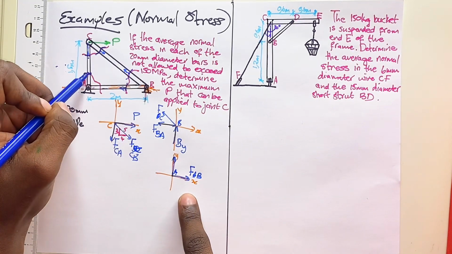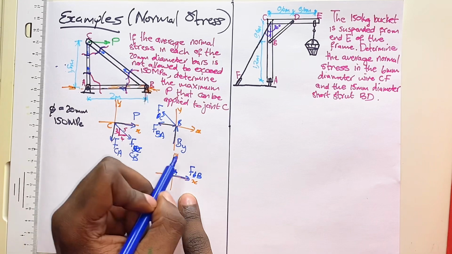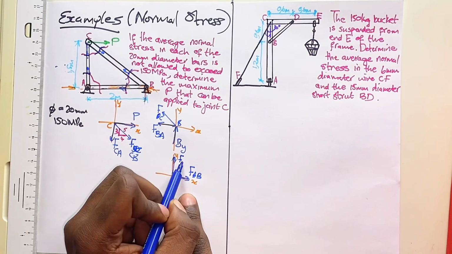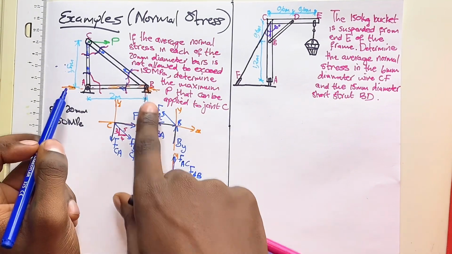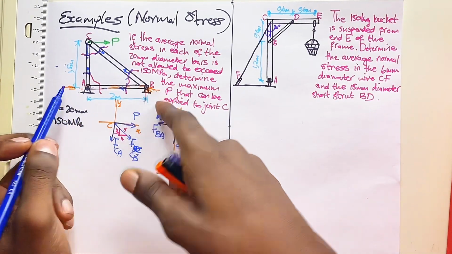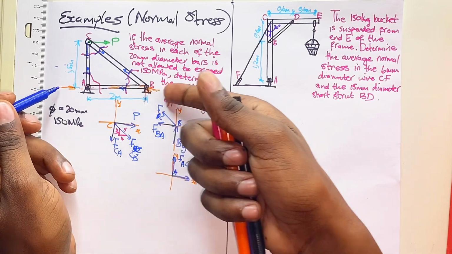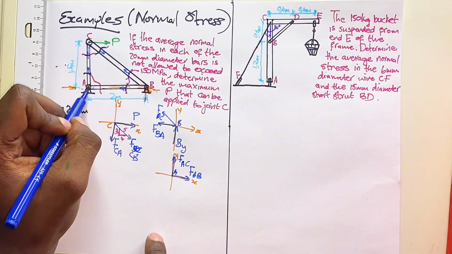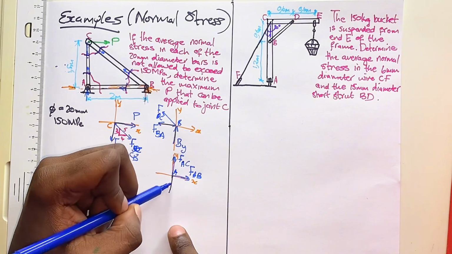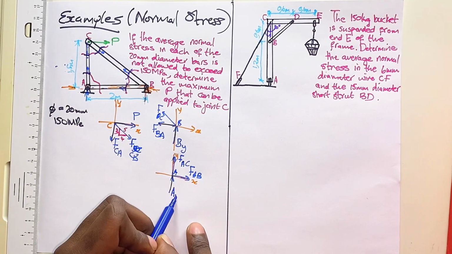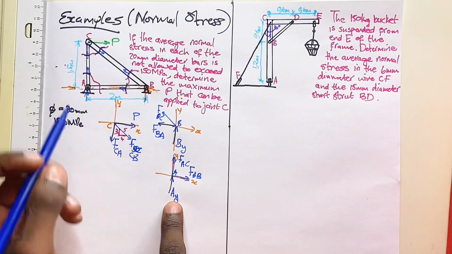When we cut here, there'll be another normal force, and we'll call that force AC. Now there's no uniaxial force in the x direction, so we'll only experience the reaction in the y axis. So we'll also have a y reaction at A.